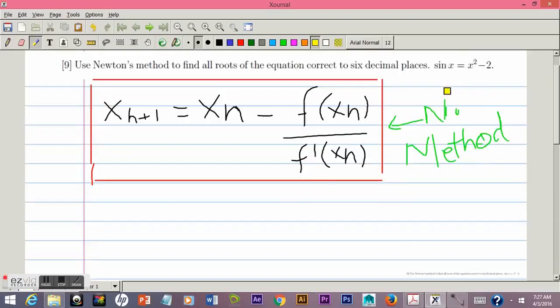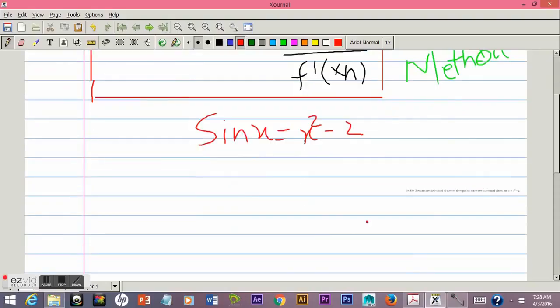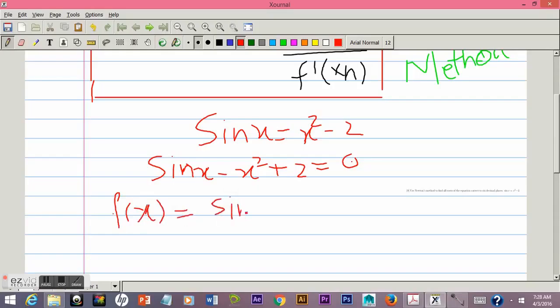Then we have here sin x equal to x square minus 2. Take this to one side. Sin x minus x square plus 2 equal to 0. Then this is our f of x. f of x equal to sin x minus x square plus 2.